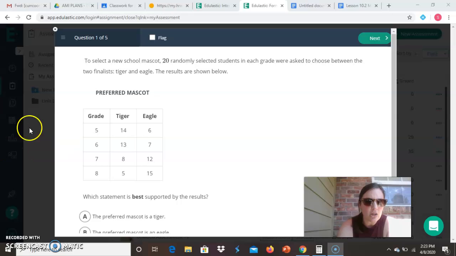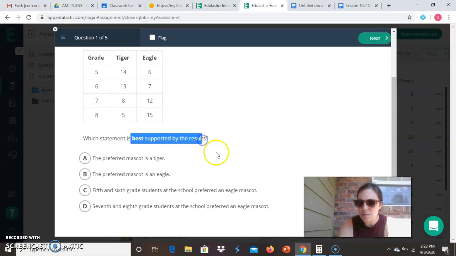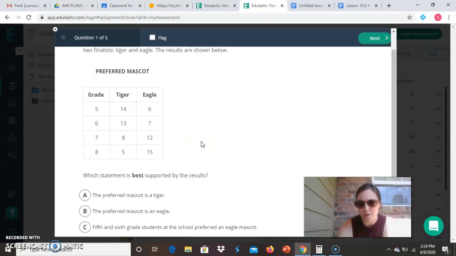So we have the grade here on the left-hand column, grades 5 through 8, and then we have the number of students that chose either A, a tiger from that grade, or B, an eagle from that grade. And so it's your job in this question to decide which statement is best supported by the results. Okay? What summary can we take from this set of data? And so that's all you're doing for that problem.